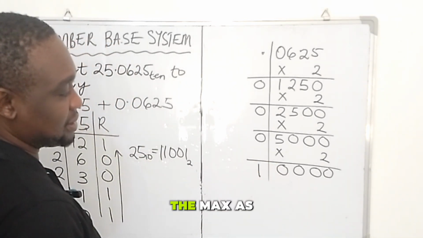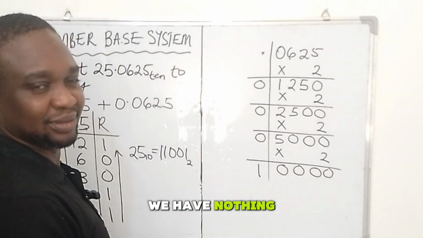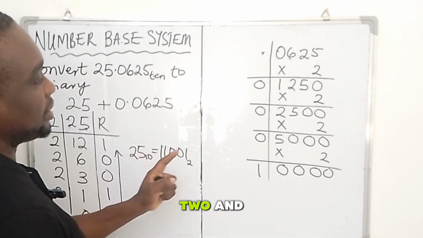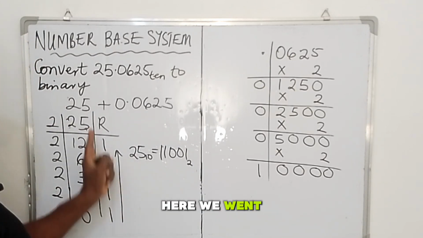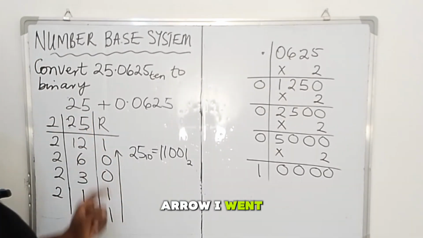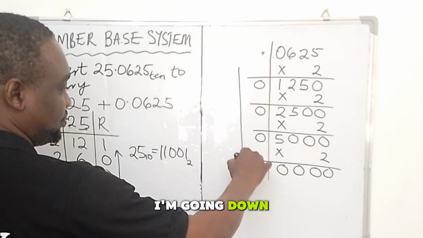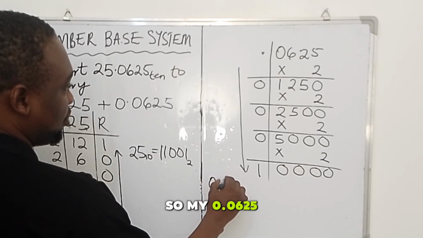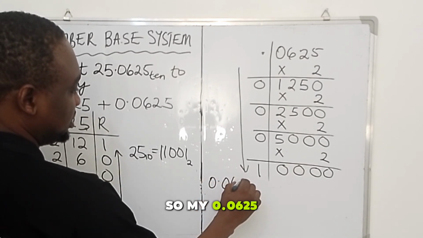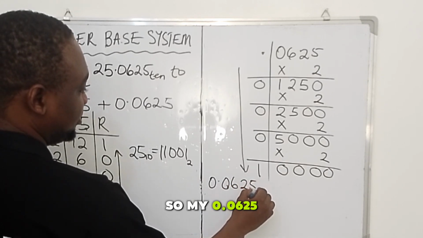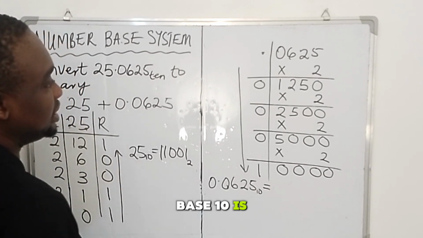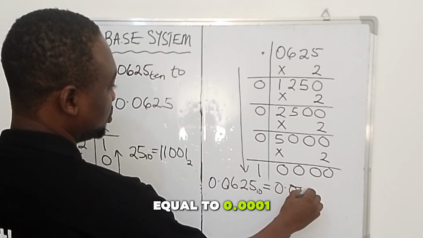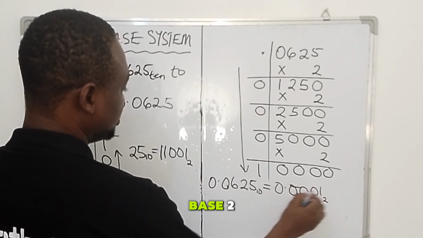As you can see, if you keep on multiplying, we'll have nothing, clearly, because these are all zeros. And to pick up these numbers, here we went up, right? Look at my arrow, I went up. Here, I'm going down. So my 0.0625 base 10 is equal to 0.0001 base 2.